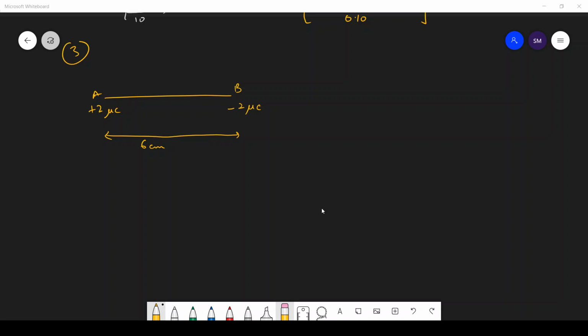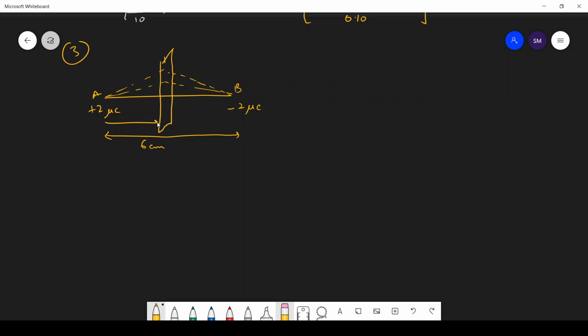So where will the potential be equal? Obviously we'll have a plane over here, right, which is dividing this in two parts. On this plane, every point will be equidistant, isn't it? All the points are equidistant from A and B on this plane, which is in the middle of the line.